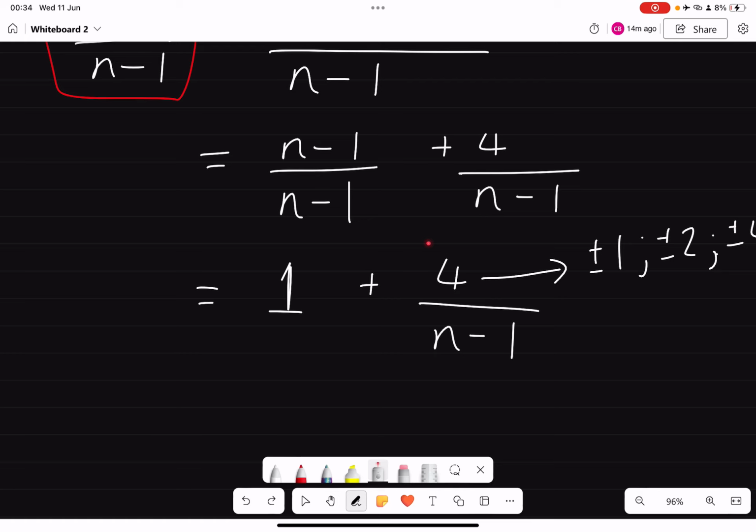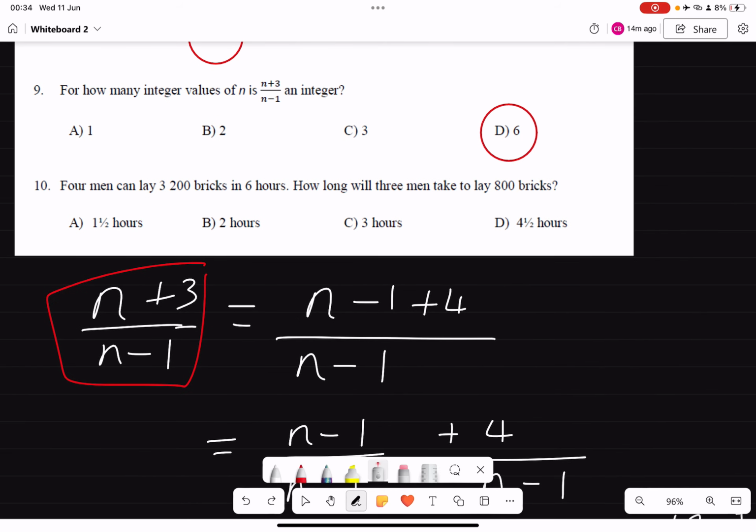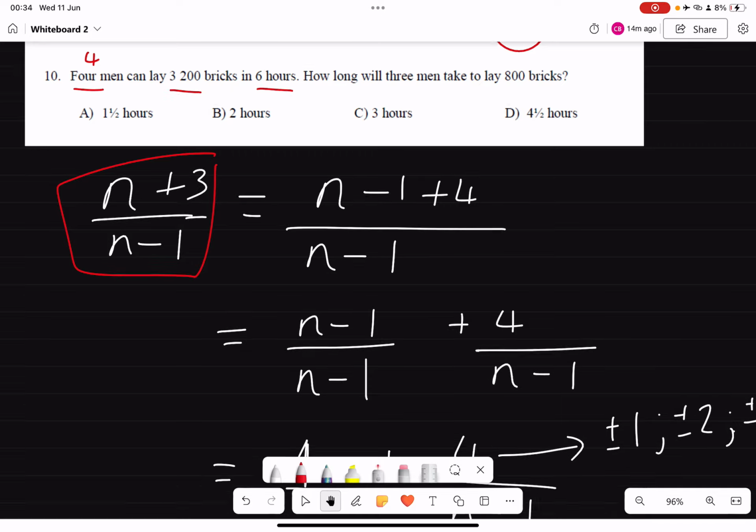On question 10, they say, 4 men can lay 32 bricks in 6 hours. So let's highlight that.